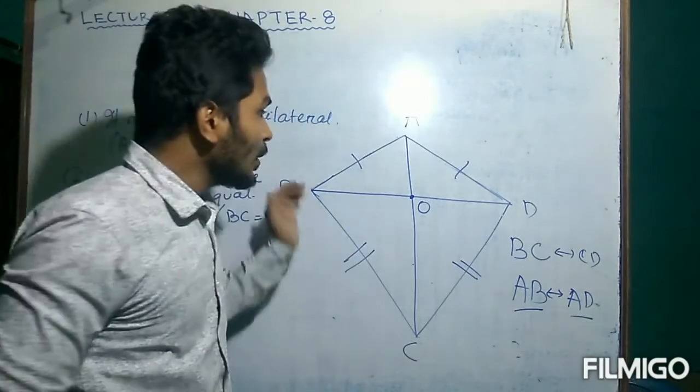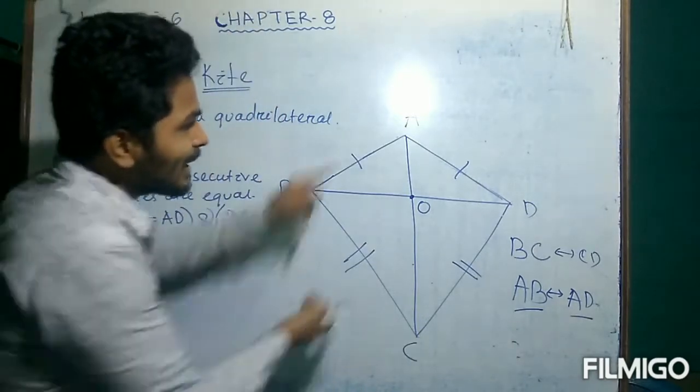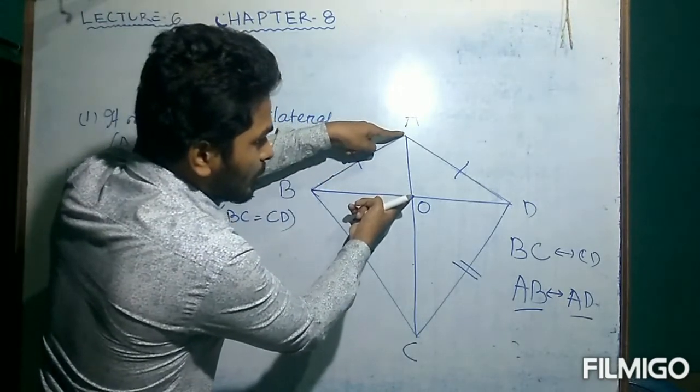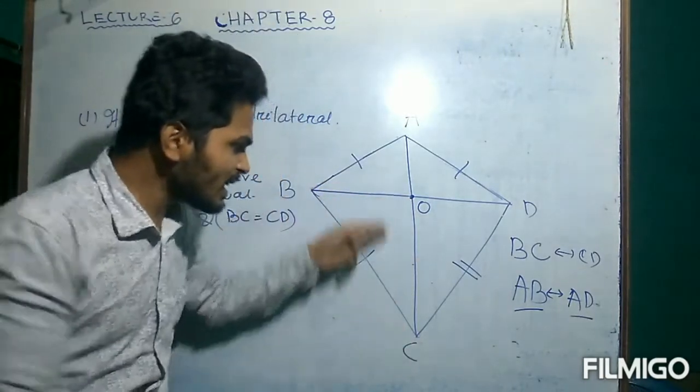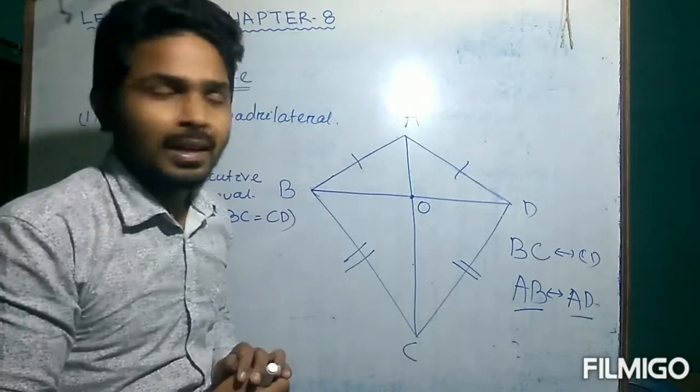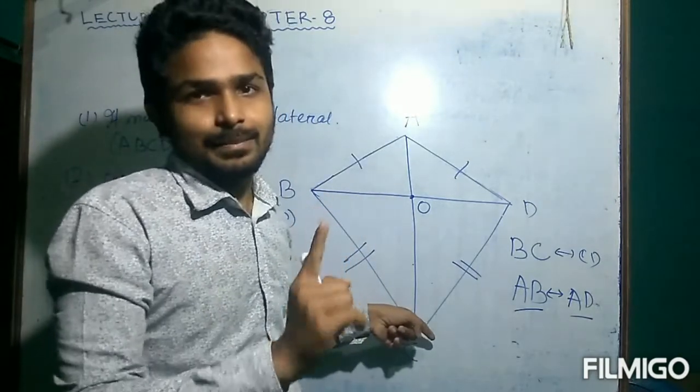Which diagonal seems to be bisected? As you can see, this distance AO and this distance CO do not seem to be equal. It is very large, it is very small. So can we say AC is bisected? No, AC is not bisected.